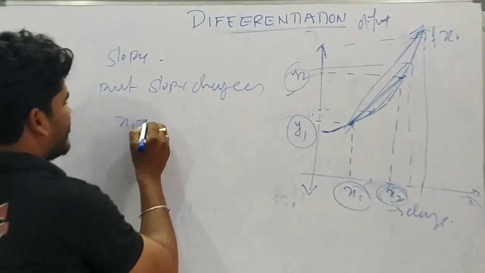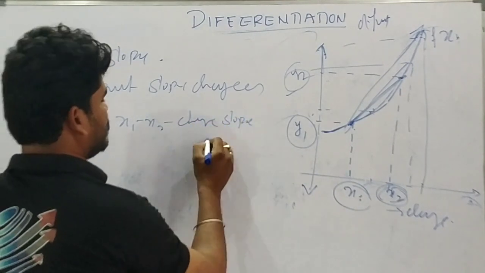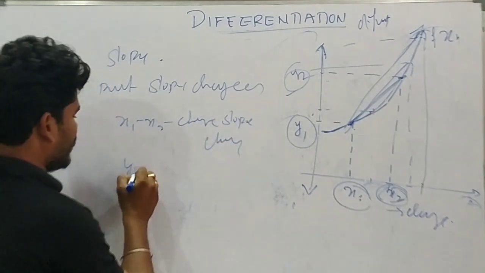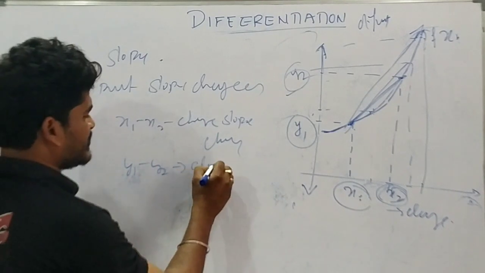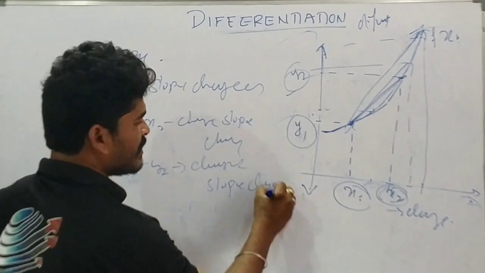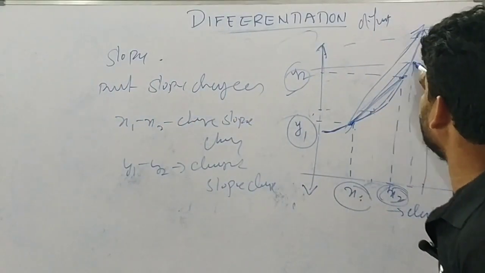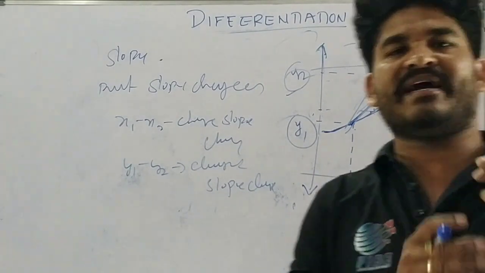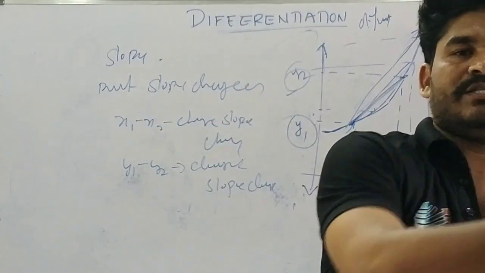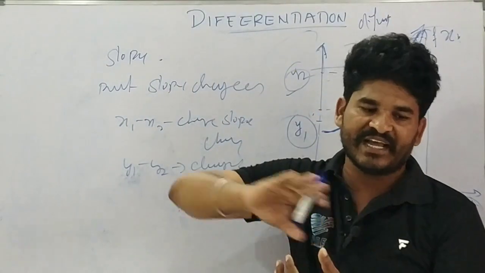Where this x1, x2 change, the slope also changes. Next, when y1, y2 change, the slope also changes. These are easy to identify. So the slope automatically changes whenever x is increased and y also changes.